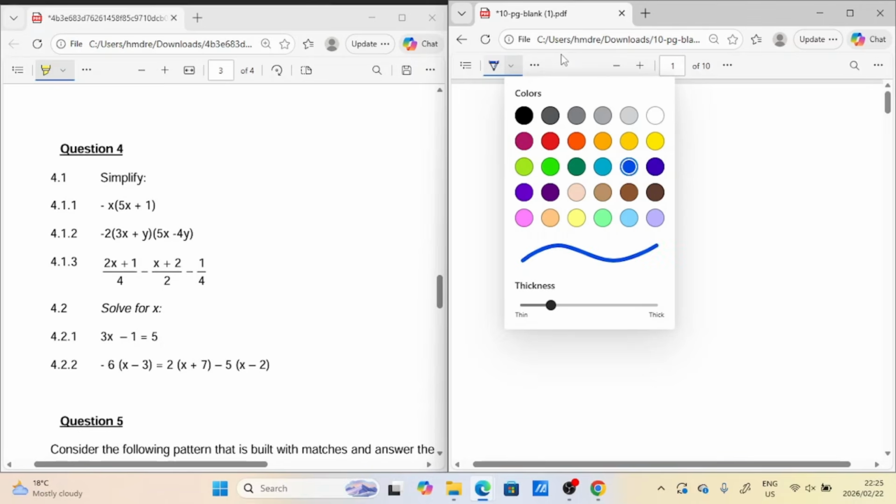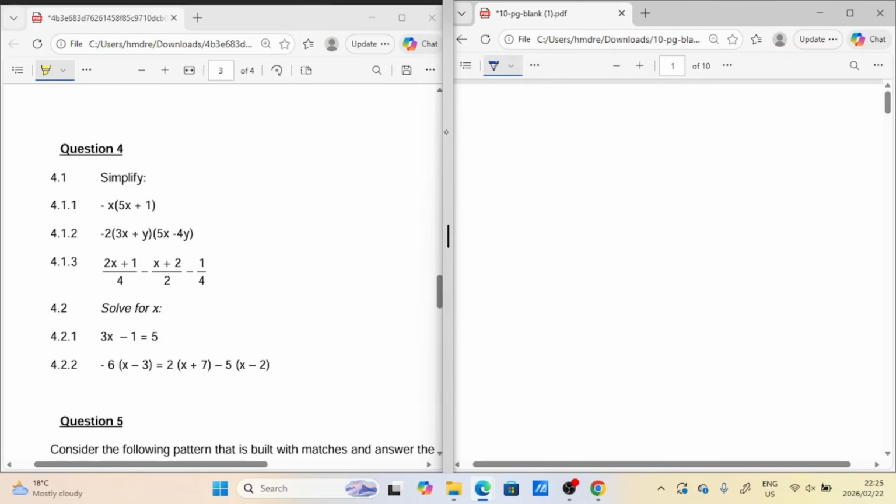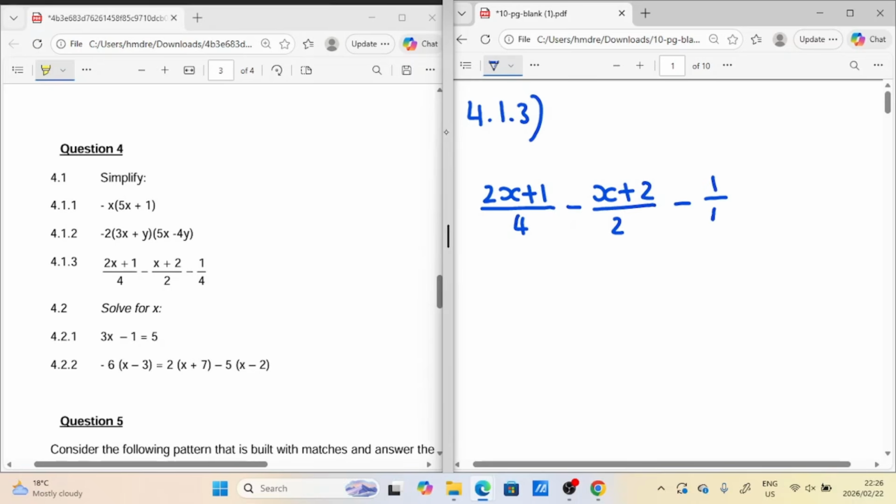Okay, 4.1.3 is the same thing. We just got to try with fractions now. Okay, so we've got 2x plus 1 over 4 minus x plus 2 over 2 minus 1 over 4.